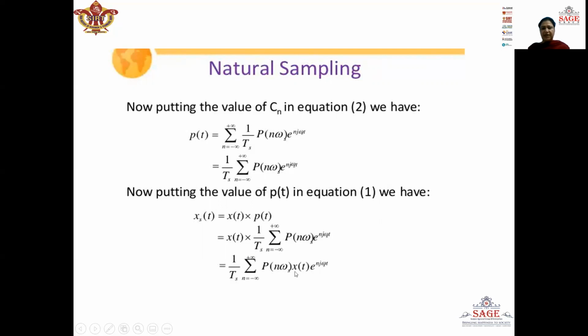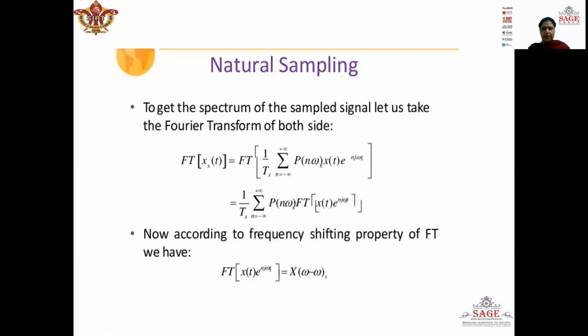Now 1 upon Ts P(n omega s), I'll take inside the summation with x(t) e to the power jn omega s t. Now, to get the spectrum of the sampled signal, I'll take the Fourier transform of both sides because I'll convert the time domain signal into the frequency domain signal.